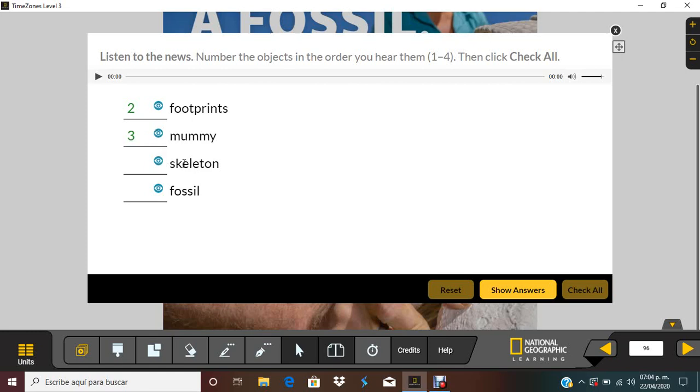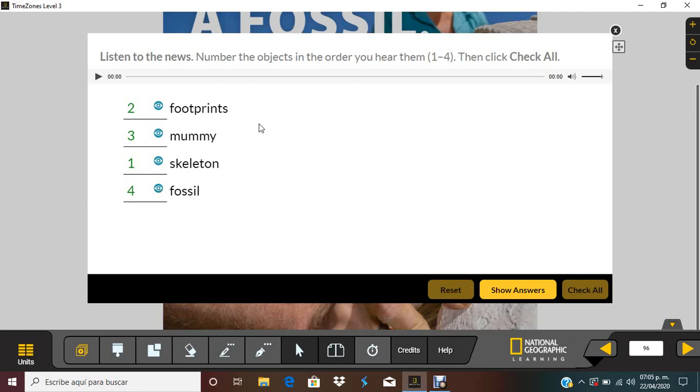All right. Next, repeat. Skeleton. What number did you put? If you put number 1, then excellent. You are correct. And finally, let's go to fossil. Repeat. Fossil. If you put number 4, then you are correct.